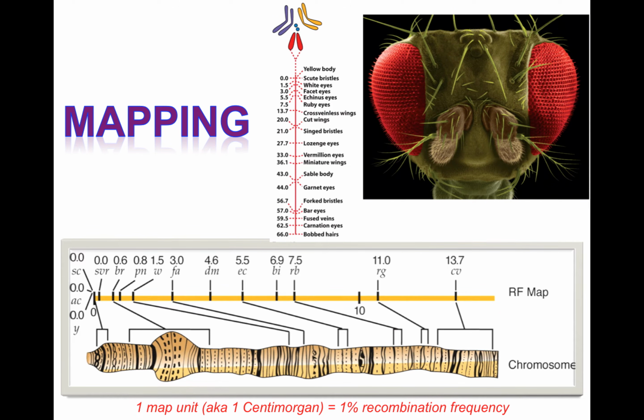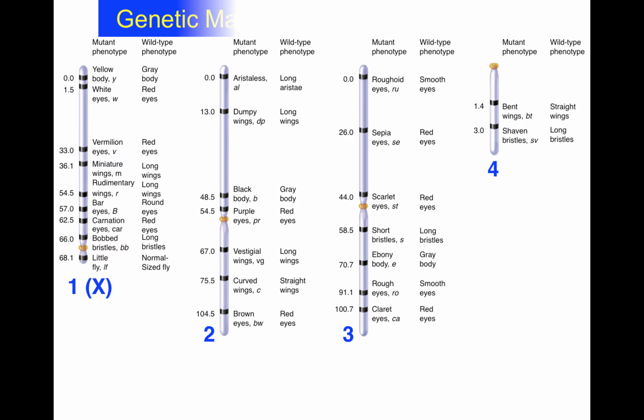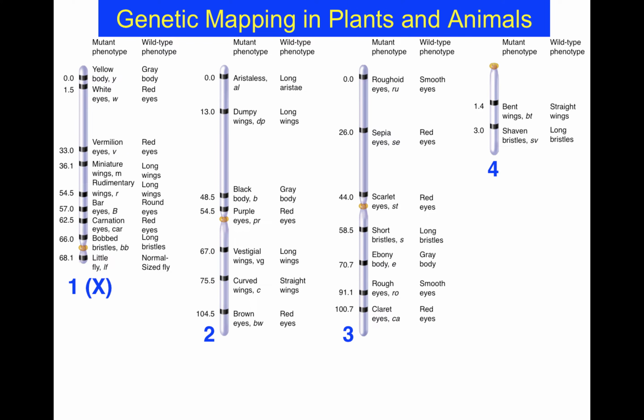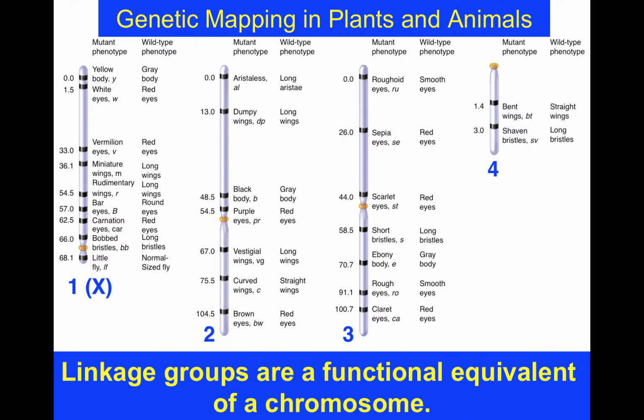How can we use recombination in mapping? Genetic mapping in plants and animals involves first establishing linkage groups. Linkage groups are a functional equivalent of a chromosome. So all of these genes are functionally linked together and physically linked together on the chromosome.